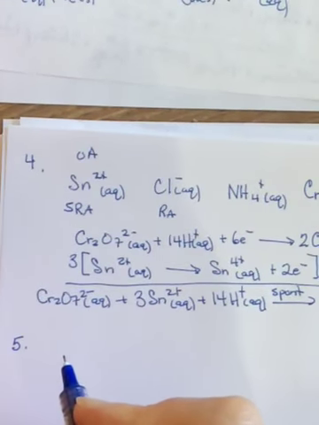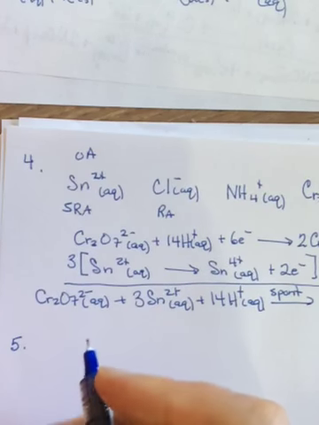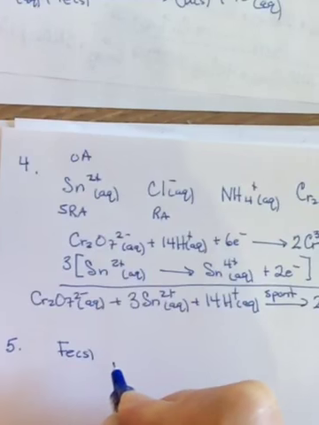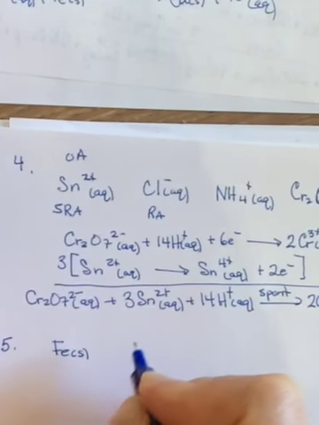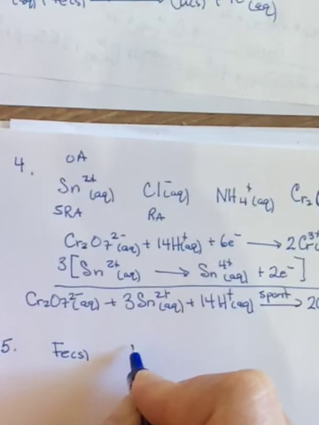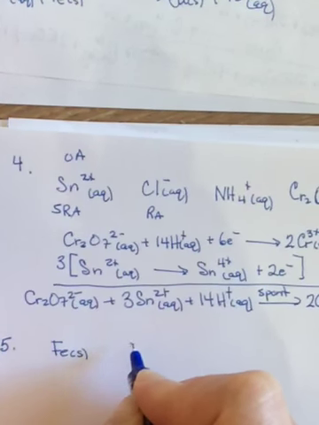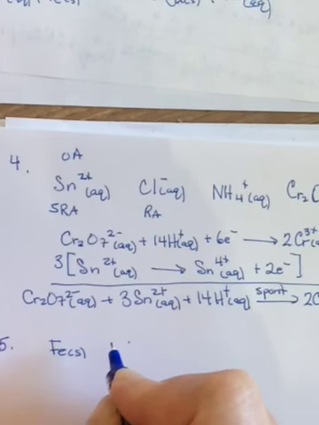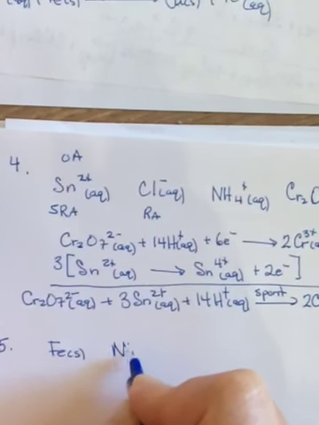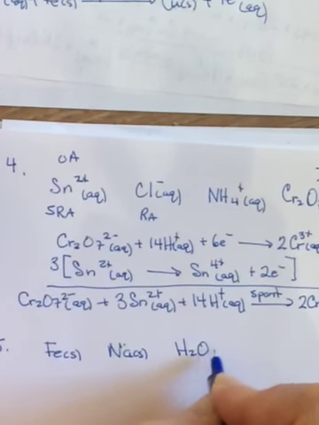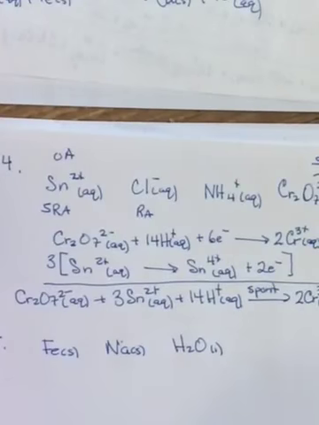Number 5, what is the most likely redox reaction when iron metal, Fe solid, is placed in copper 2 sulfate solution? It almost sounds like I did this one. I did. That is number 3, not number 5. What are the products of the reaction of sodium metal, Na solid, with water, H2O liquid? At least I know I'm not totally losing my mind.